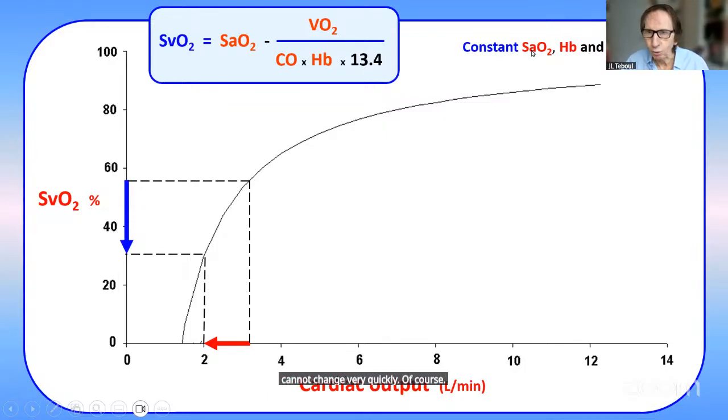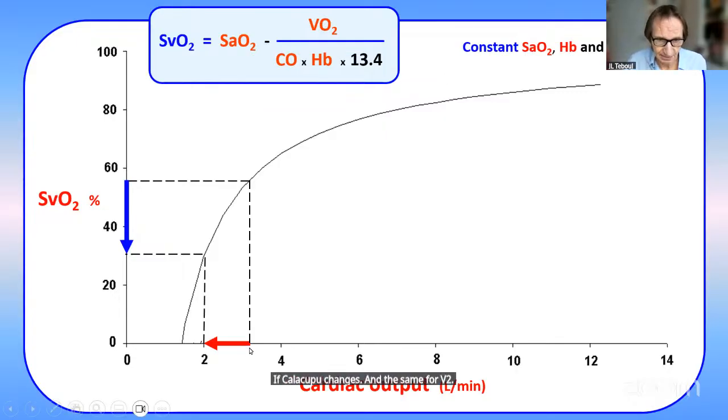SaO2 anyway is almost 100%. Hemoglobin concentration takes time to increase. It takes 100 days for the red blood cells to be created. So hemoglobin concentration cannot change quickly if cardiac output changes. And the same for VO2.